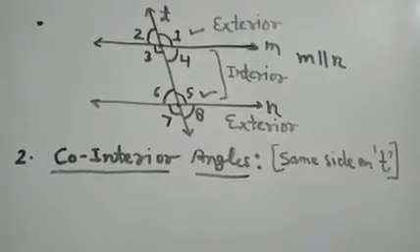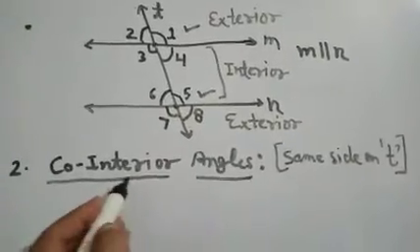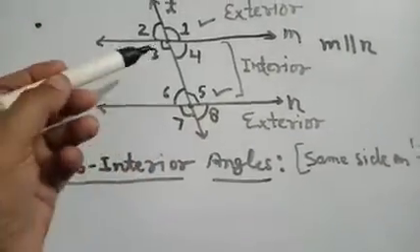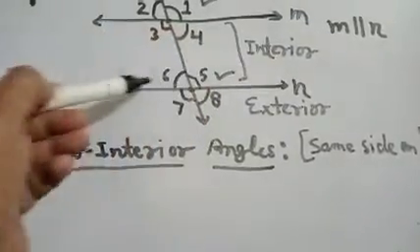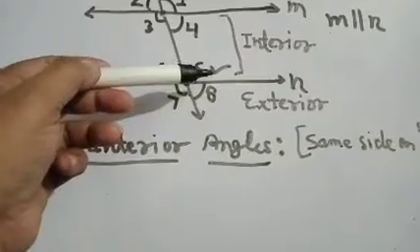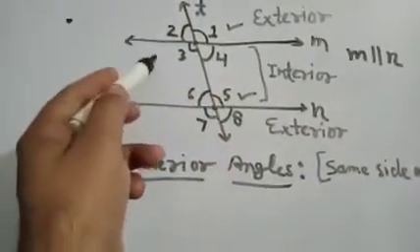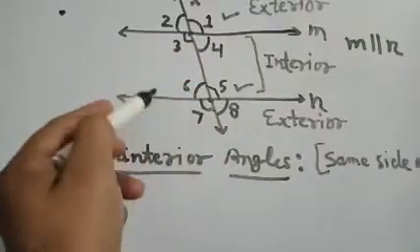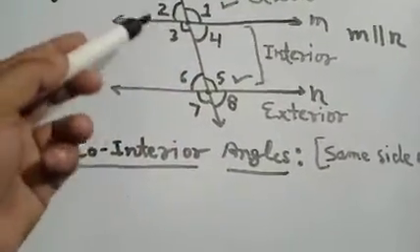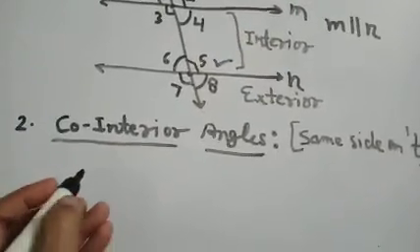So students, the second pair of angles is co-interior angles. Here is the word interior. Interior means the portion in between two parallel lines. So the interior portion is this. You have to check only these four angles. So what is the relation of co-interior angles?